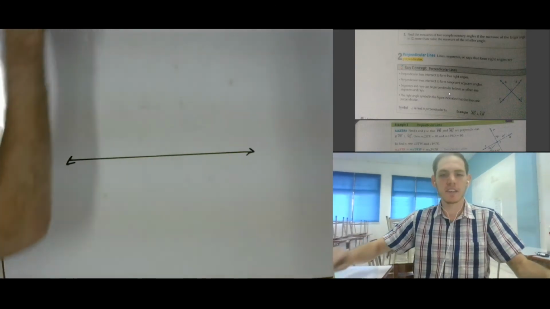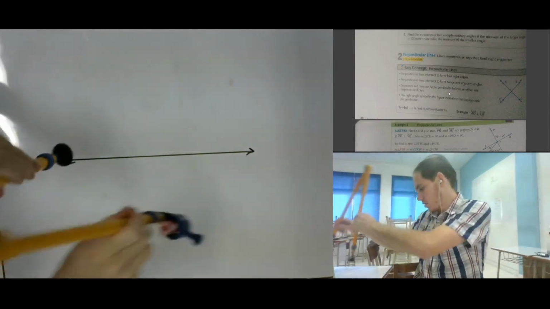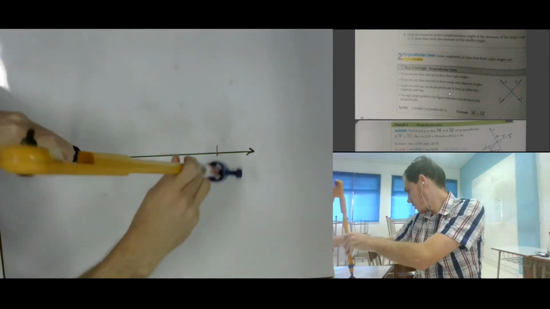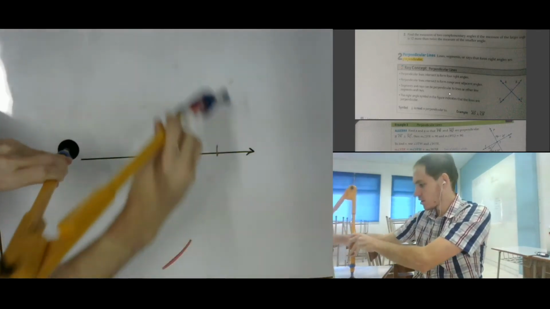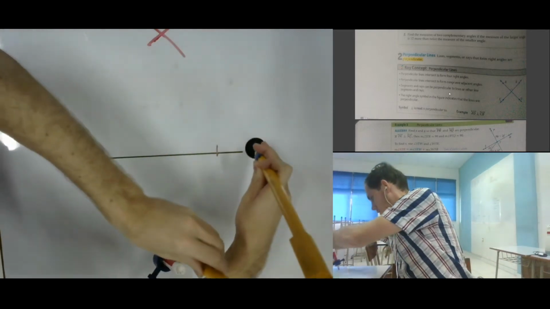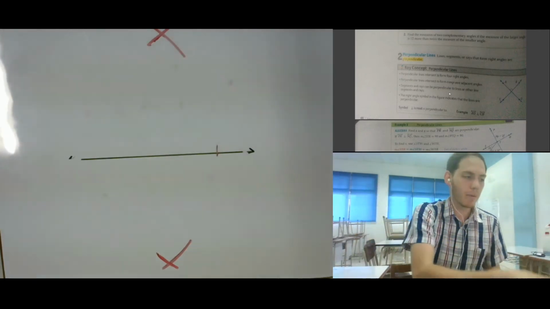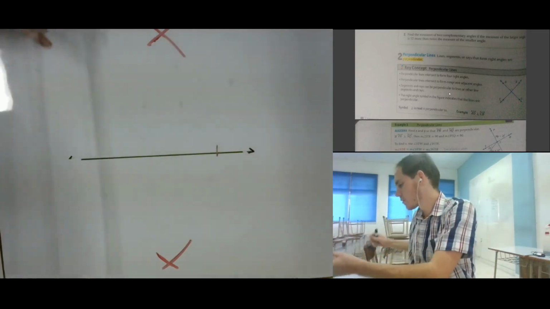That is more than half of it. So I go here, I go here, go to the other side, go here, go here. Now, my perpendicular bisector, which we're actually having a quiz over, so you know.